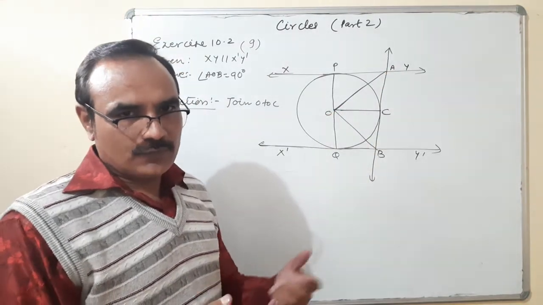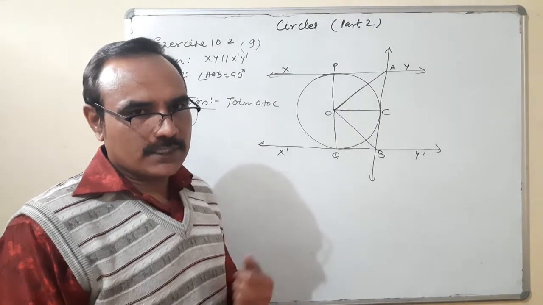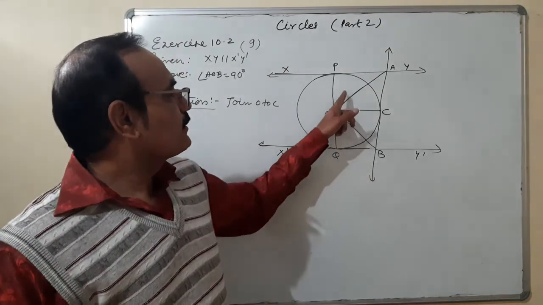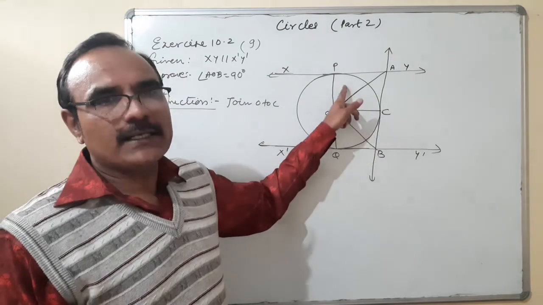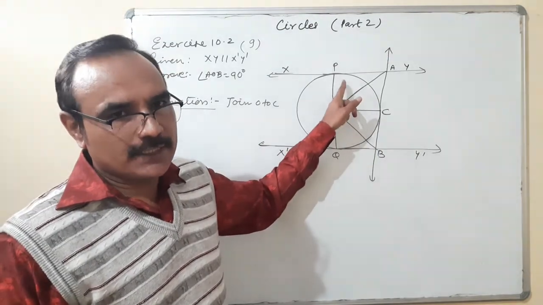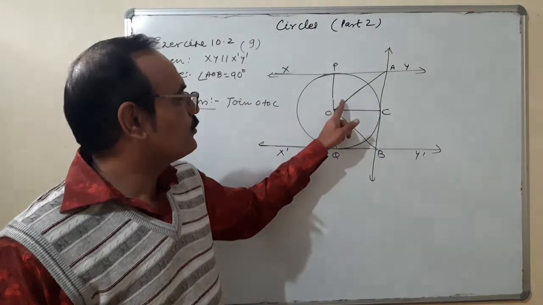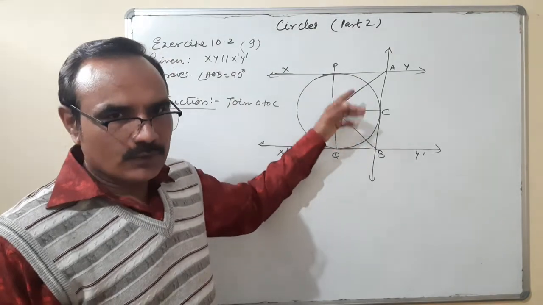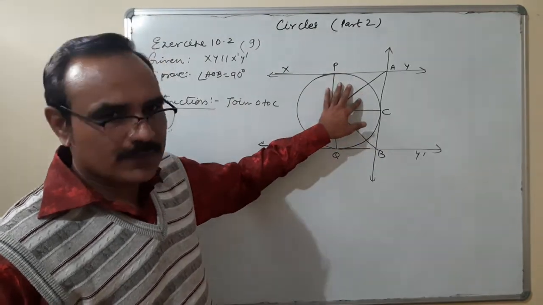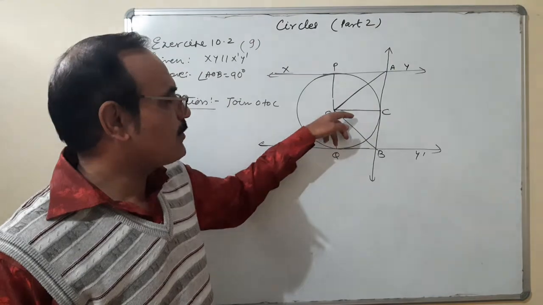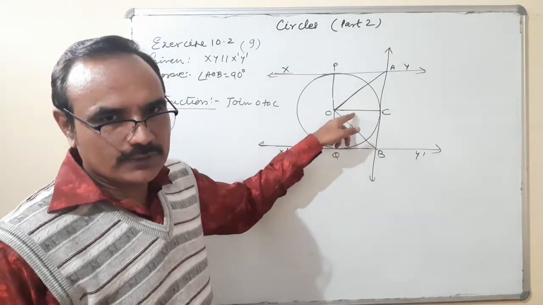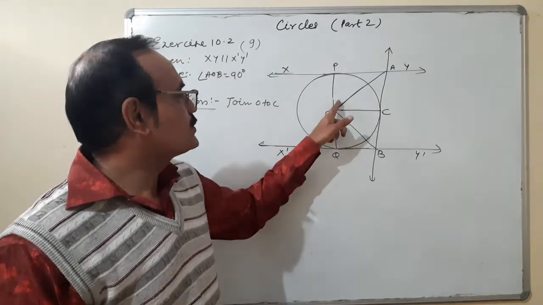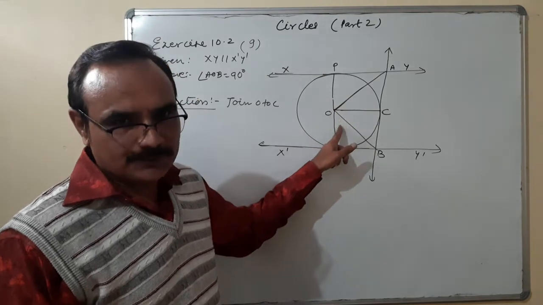First, let me tell you the outline of this question, how to prove it. These two triangles, we prove that they are congruent, therefore by CPCT their corresponding parts are equal. We prove that both the angles are equal. In the same way, we'll have to prove that on the downside both the triangles are congruent. So these two angles are equal and these are also equal.